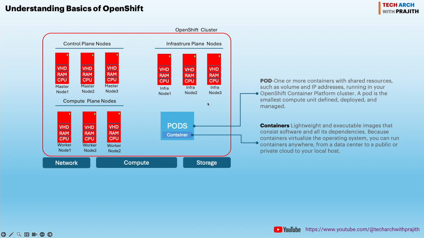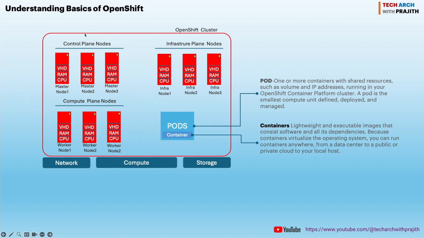The infrastructure plane nodes are optional. If you would like to move some of your infra pods into dedicated nodes, we can use the infrastructure plane nodes. For this estimation purpose, I'm not including the infrastructure nodes. I'm just focusing on the control plane nodes and the compute plane nodes.